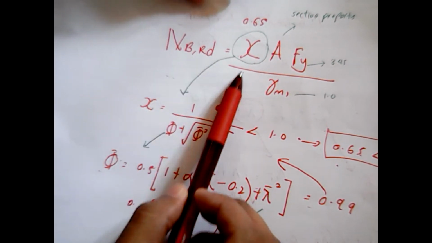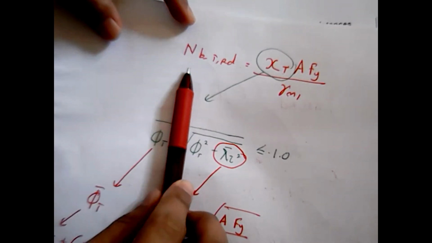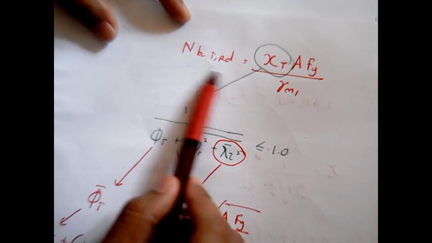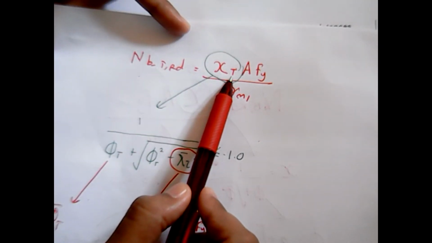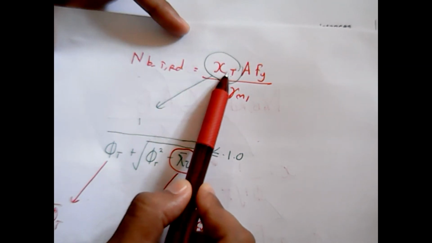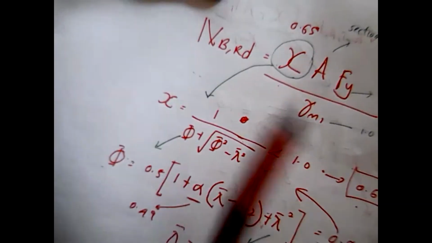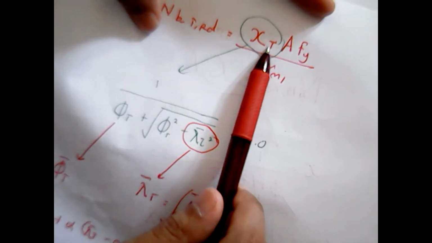But instead of flexural buckling resistance, you are now calculating the torsional buckling resistance. You have the same equations, but instead of the flexural reduction factor alone, you need to find the torsional reduction factor.